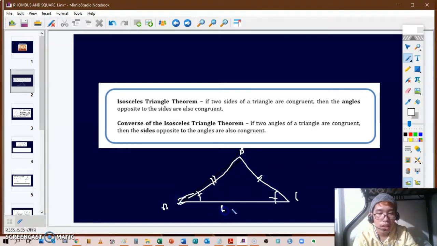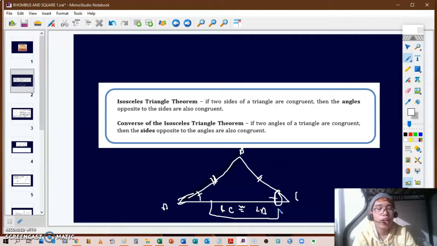Angle C is congruent to angle A. So the angles that are opposite of those sides are congruent. The opposite of AB is C and the opposite of BC is A.